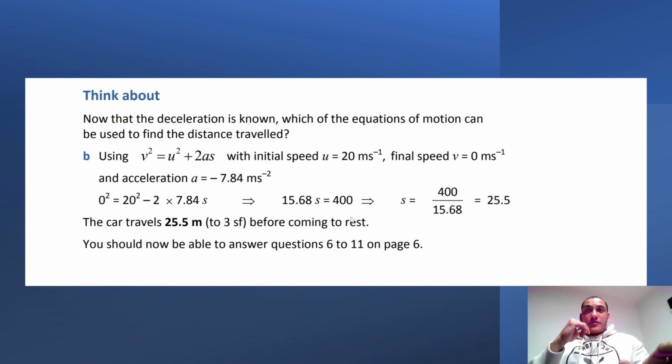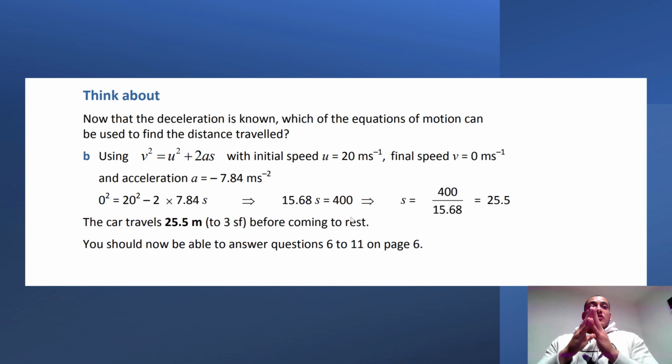Let's look at the second part. Now that the deceleration is known, which of the equations of motion can be used to find the distance traveled? Using v squared equals u squared plus 2as, with initial speed u equals 20 meters per second, the final speed, which is when the car was brought to a stop, and the acceleration, which is negative 7.84.